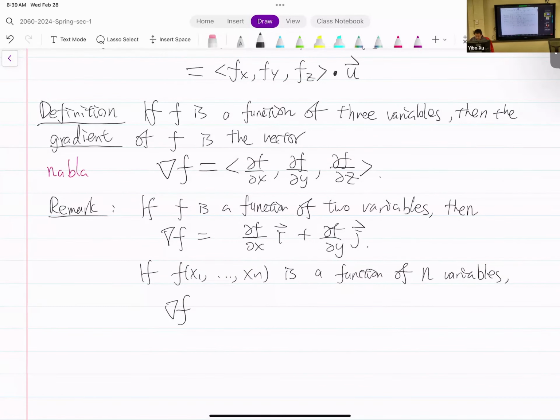So nabla f is gonna be the gradient, which is the n component vector, right? Every component, the ith component will be the first order partial derivative with respect to the ith variable. So it's gonna be del f del x1, del f del x2, all the way down to del f del xn, right? So very standard.